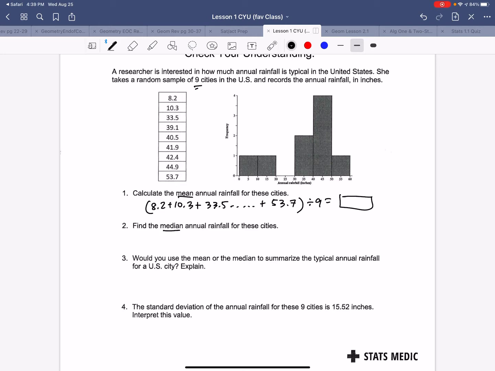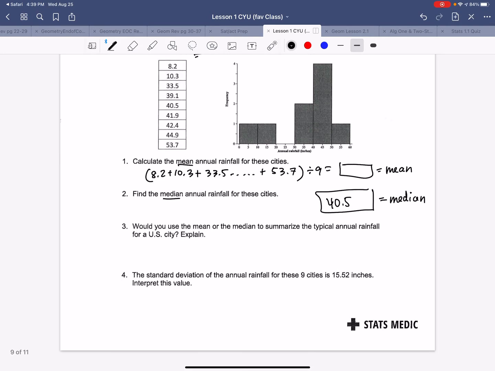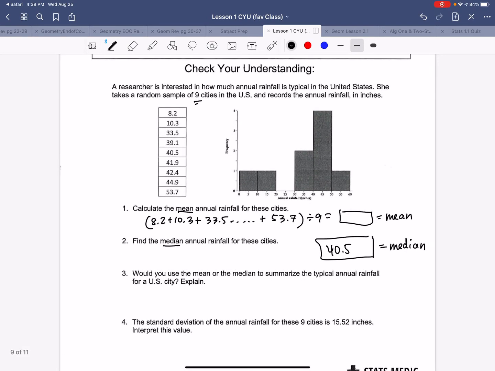It looks like they're already listed least to greatest, right? And so we'll work our way to the middle. So this has to be our median. And these are annual rainfall in inches.